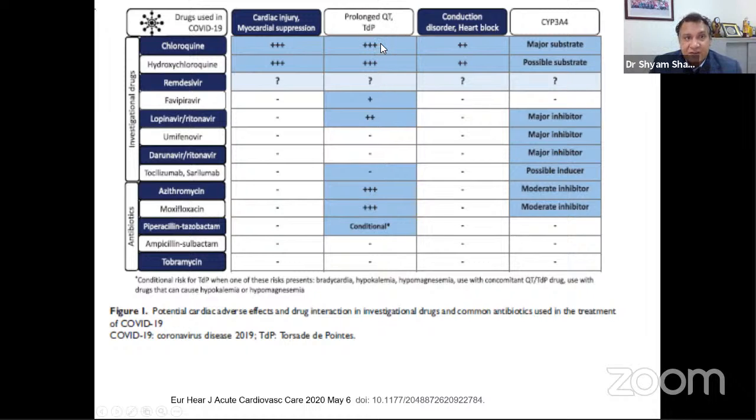QT prolongation is there with chloroquine, hydroxychloroquine, favipiravir, lopinavir, azithromycin, moxifloxacin. These indicate a potential cardiac adverse effect. So before administration to patients who are already on several other drugs, and you are adding drugs that can cause QT prolongation, you have to think a lot; their history and their cardiac tests all need to be looked into.